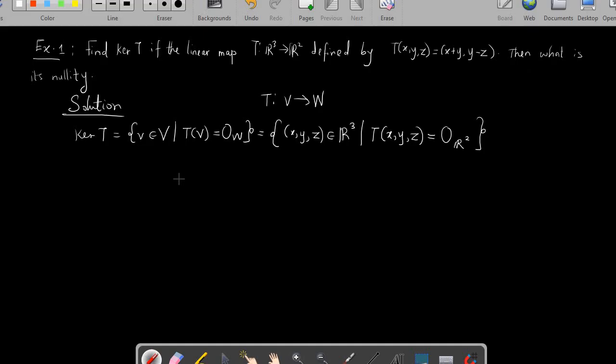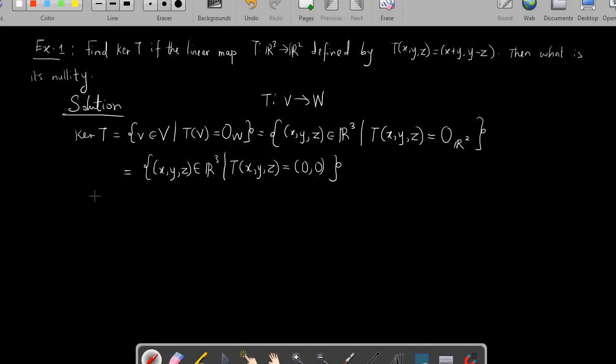After you have done this, you ask yourself, for R2, what's your 0 vector? It means that you have something like this, x, y, z, which is an element of R cube, right? Such that T of x, y, z will be equal to 0, 0, since it's mapping to R2. Okay, so this is your kernel.